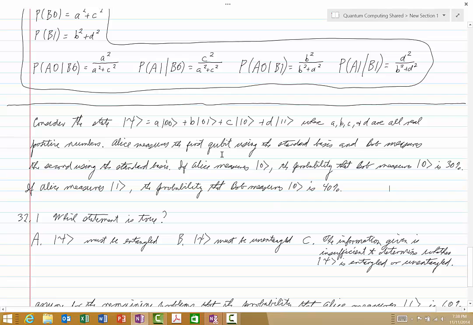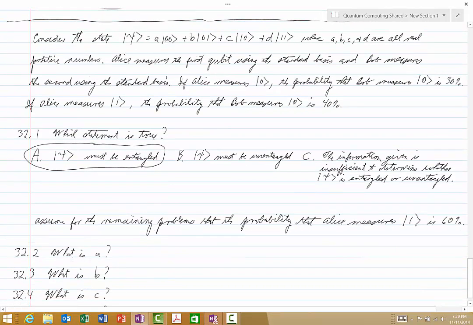So that means that what Alice measures has an effect on what Bob measures. And that is true only for an entangled state. It is not true for an unentangled state. For an unentangled state, the two measurements are completely independent. So the answer to 32.1 is definitely A.